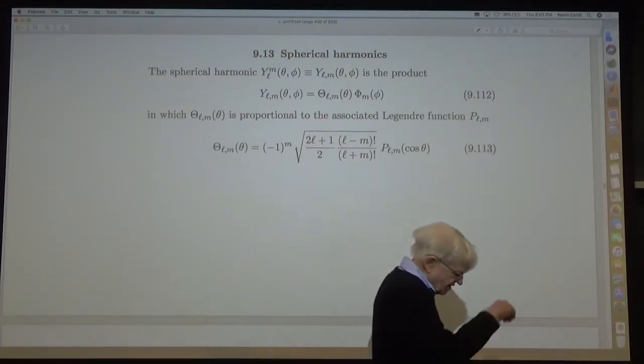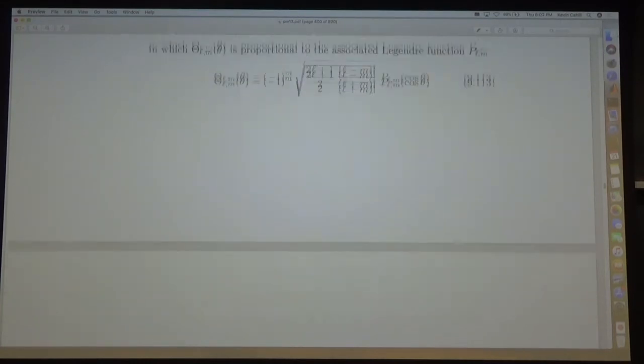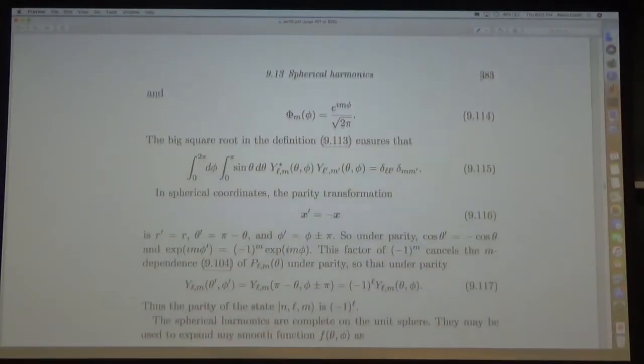I should mention that different authors have used different definitions of the spherical harmonics and of theta Lm, and so occasionally there's a different phase. I think the difference is always just the phase, but who knows, maybe there's something else.